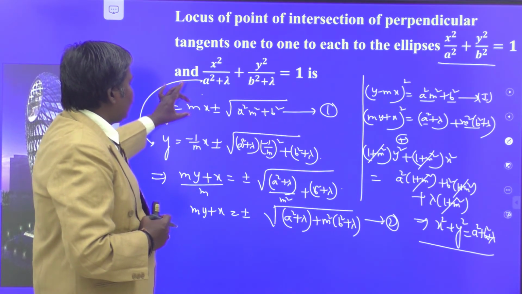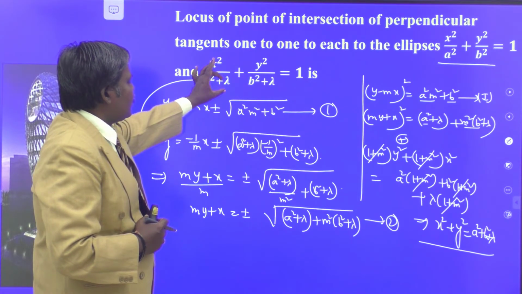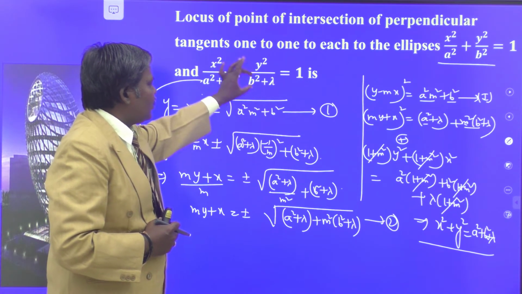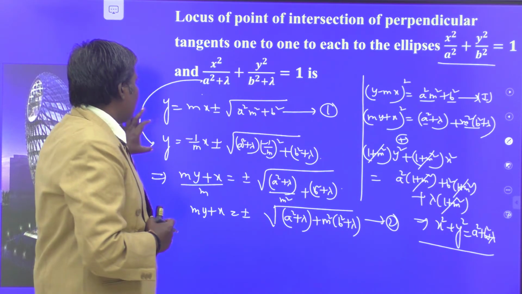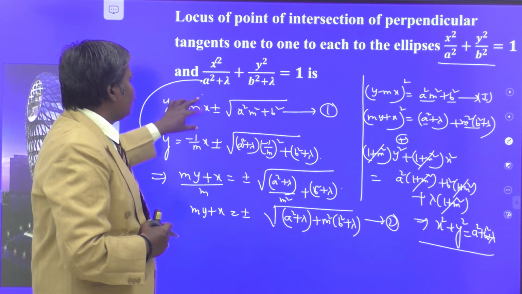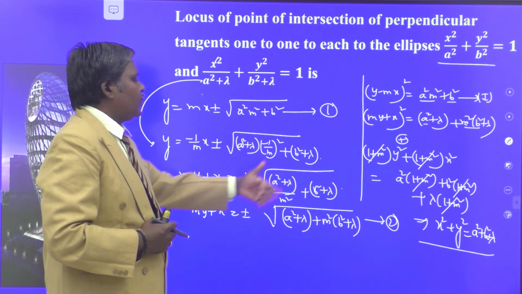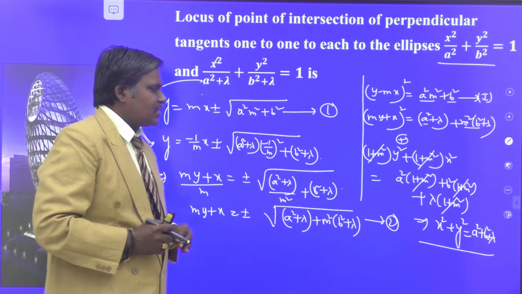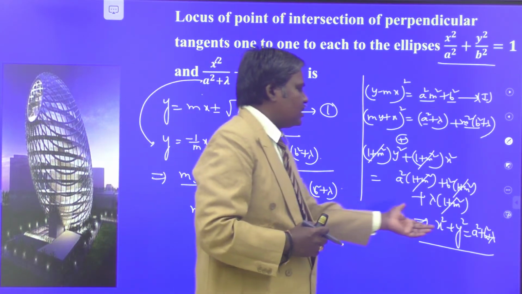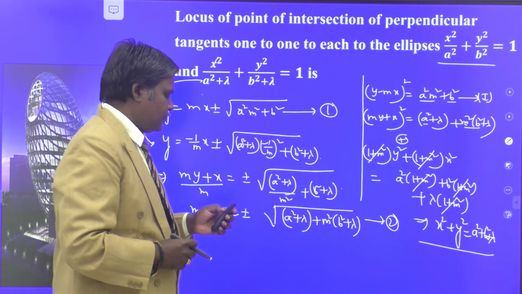So instead of m you write minus 1 by m, instead of a square you write a square plus lambda, and instead of b square you write b square plus lambda. Then we get the tangent to that ellipse that is perpendicular to this one. So by eliminating m, we get the required locus as x square plus y square is equal to a square plus b square plus lambda. Understand?